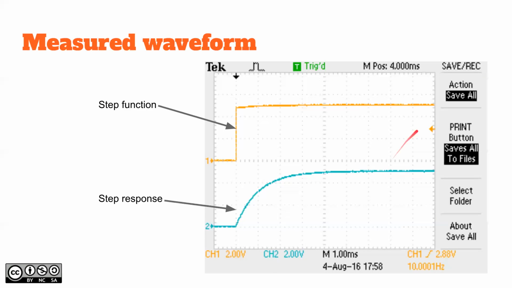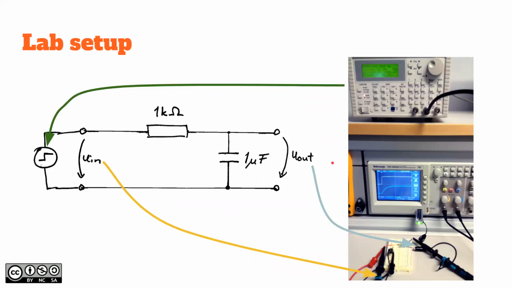As you can see, there's quite a lot of noise. It's an 8-bit converter, plus my setup is not ideal. I have long wires there, and these leads are not really great for any signal.